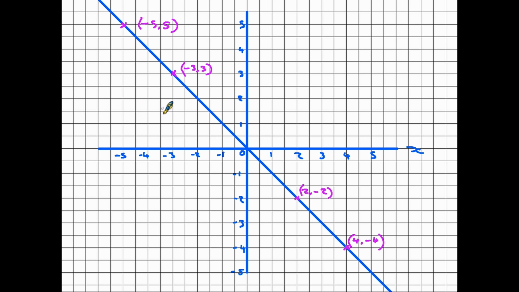So in fact, whereas the last line was x equals y, this one is x equals minus y. It has the same value, but it is the negative. So if x is minus, y is positive. If x is positive, y is negative. So a line that runs straight down with same digits, but with negative and positive values, x equals minus y.